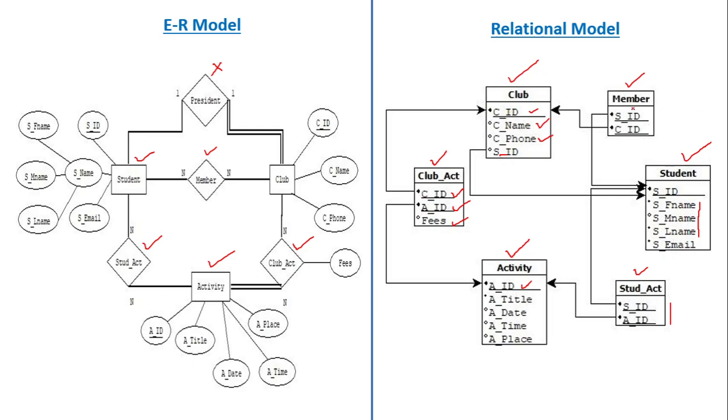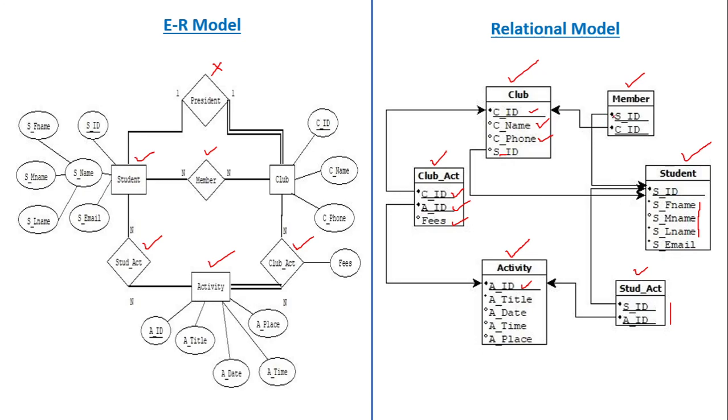In member we have SID and CID. SID is the student ID, CID is the club ID, and we are borrowing these two attributes from the two respective relations, student and club. So for the member relation we have these two as foreign keys, and these two form the primary key of member.